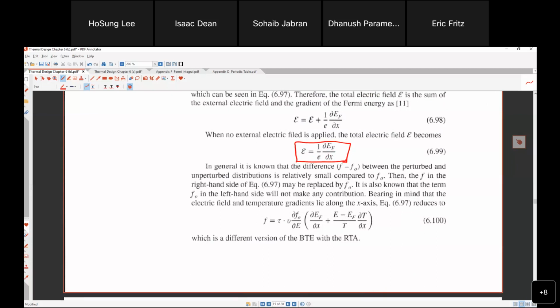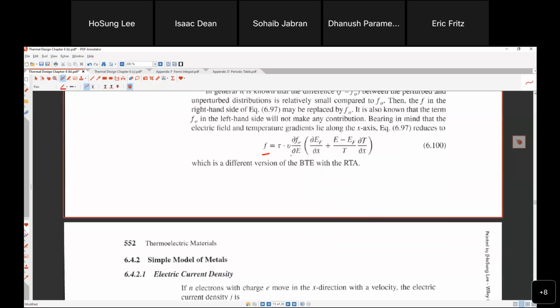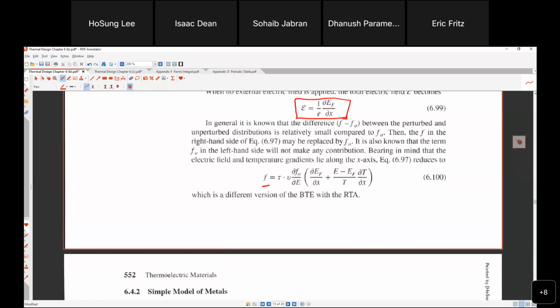Okay? So that we're able to formulate the arbitrary distribution in terms of equilibrium and temperature difference and electric fields and relaxation time.